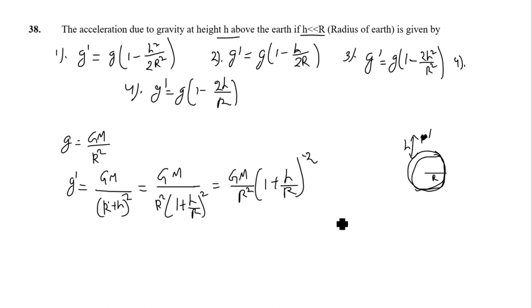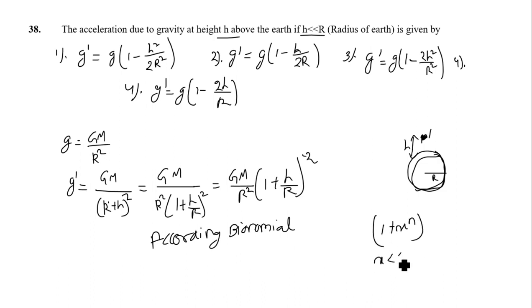According to the binomial theorem, if the expression is (1 plus x) to the power n, where x is very less than 1, then it becomes 1 plus nx.